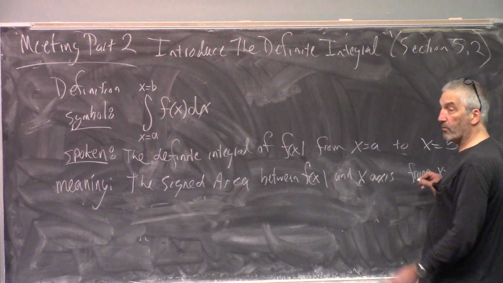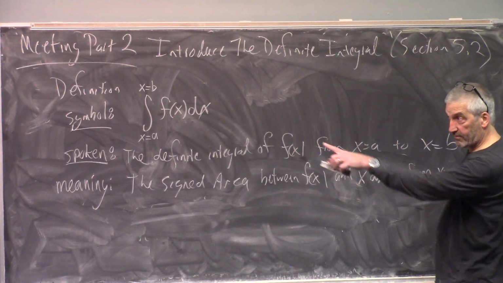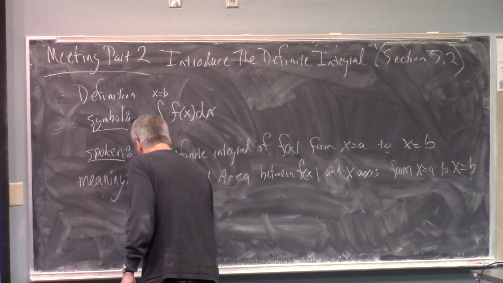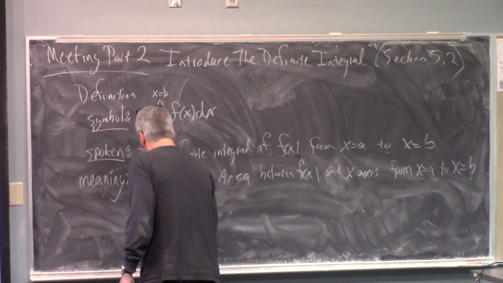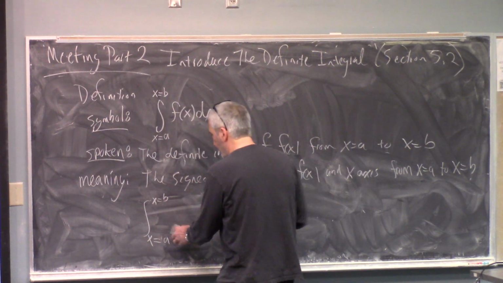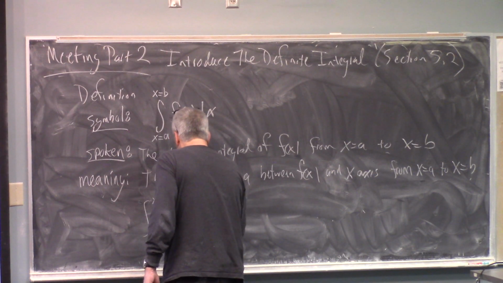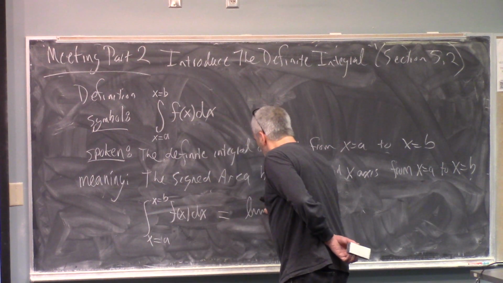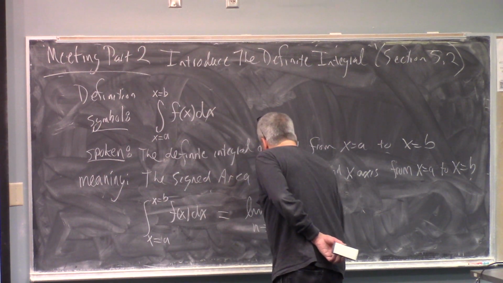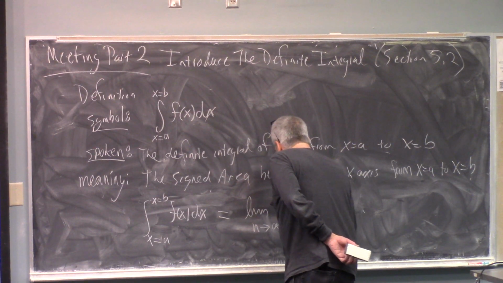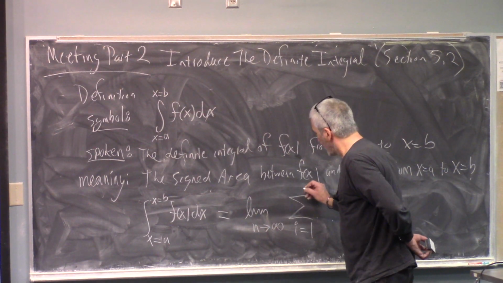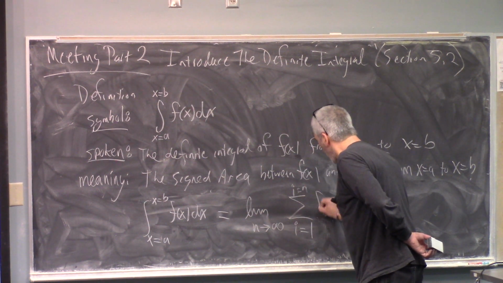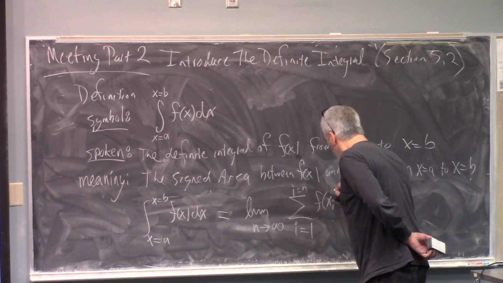So we've already got a symbol for that. That's the thing that's on the board over there. So that is this new symbol and this new term, the definite integral of f of x from x equals a to x equals b. That just stands for this thing: the limit of the summation starting with i equals 1, ending with i equals n of f of x subscript i delta x.